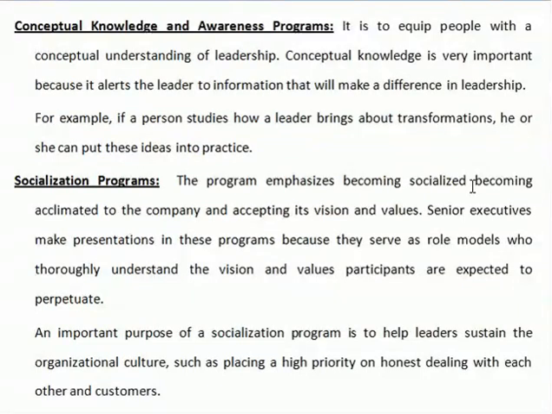These programs serve as a model, people are viewed as followers to them, and the same thing has to be perceived by the participants. And, more important, any leader will be sustaining the culture, as well as giving a very high priority to being honest in dealing with customers and others.